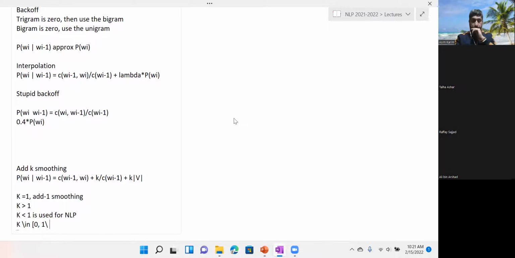In other words, you're adding some fraction of an event, even if it did not occur. As a result, all the events that did not occur collectively might not take too much away from those events that did occur. So this is add k smoothing, which is okay if you choose an appropriate k for NLP.